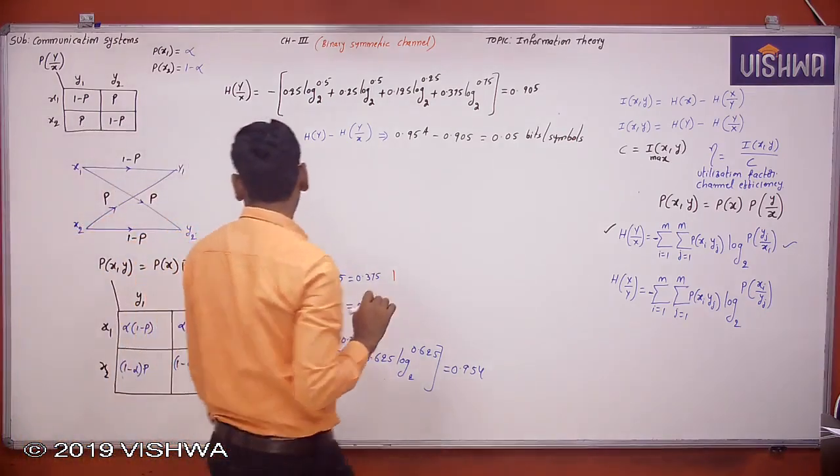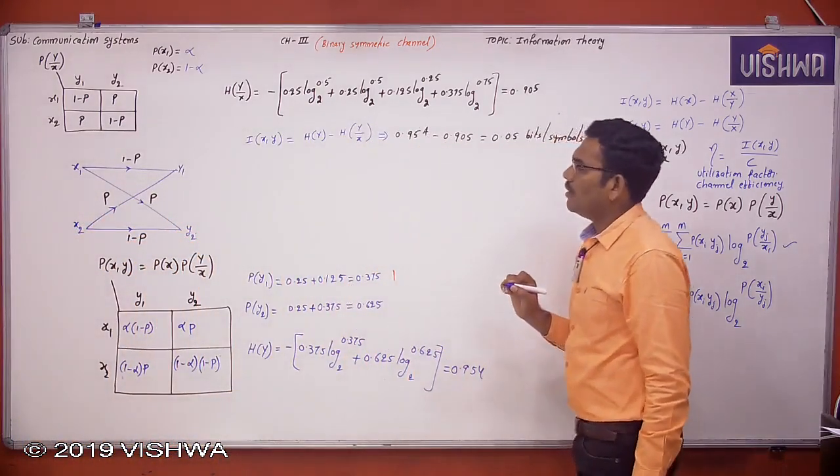Right? Now this is the joint probability.